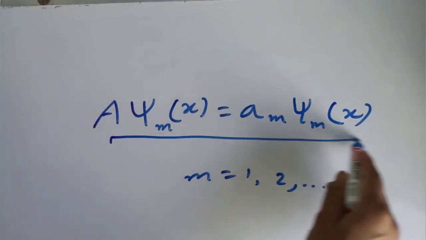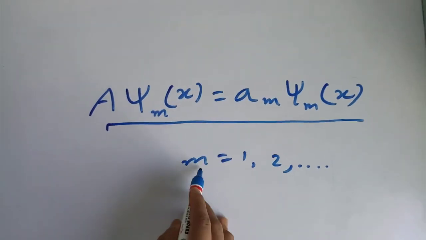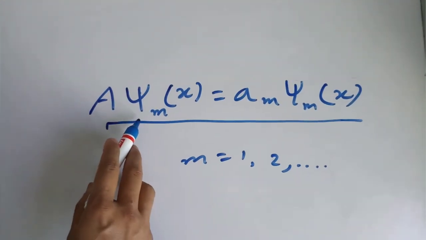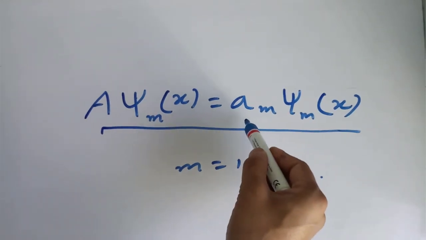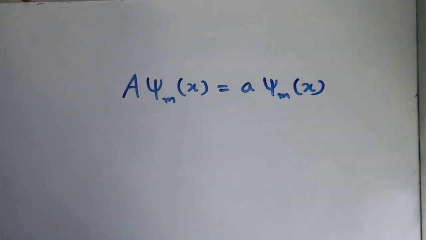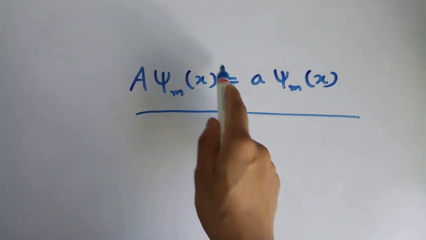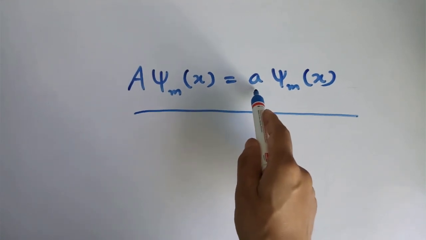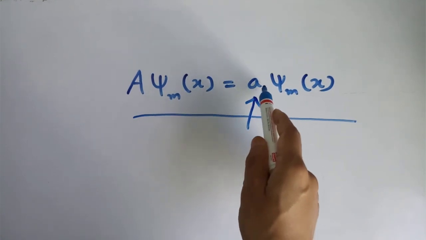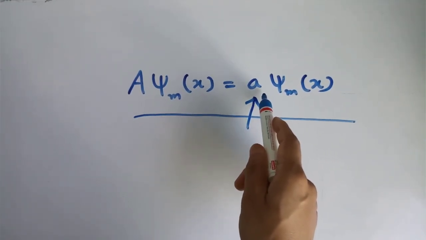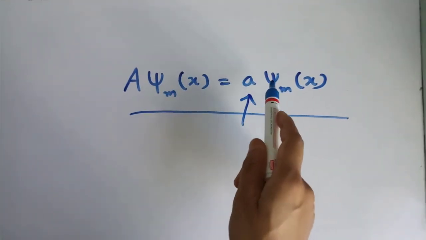From this equation we understand that for every value of m there is a different eigenfunction and a different eigenvalue. In some cases this kind of equation is also found, that is, for different eigenfunctions we have only one eigenvalue. As you have seen, I have not given any suffixes here. So for different eigenfunctions, you get one eigenvalue.